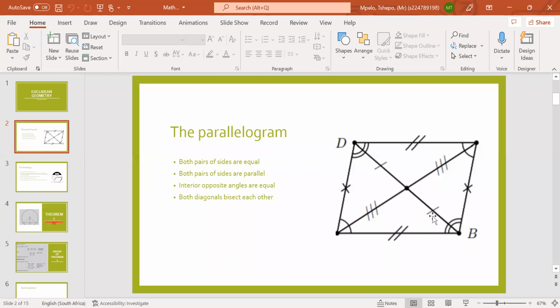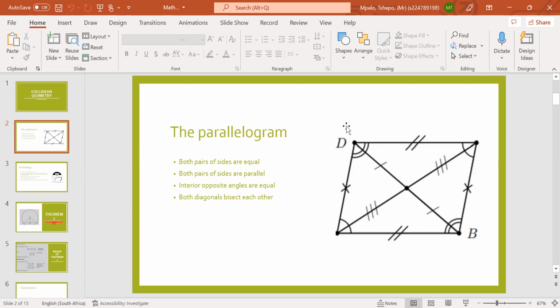They add up to 180. So every time you are dealing with a parallelogram, just know that the two angles lying on the base of two parallel lines are co-interior angles, meaning they add up to 180.